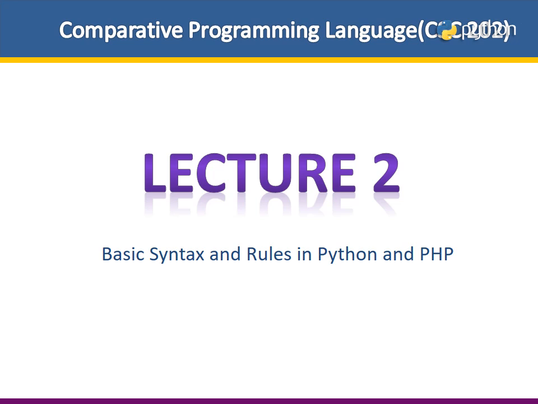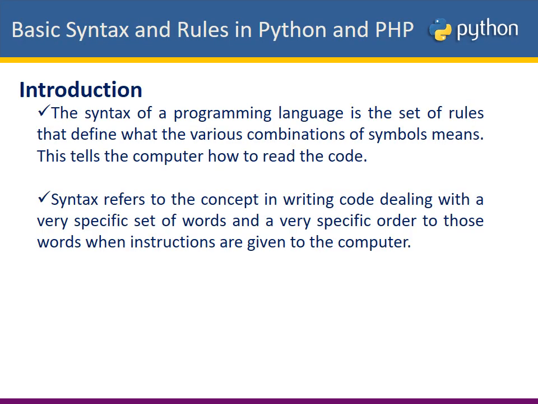So there is a need for us to follow these rules so that our program can run effectively and run well. That is what we mean by basic syntax and rules in programming languages.